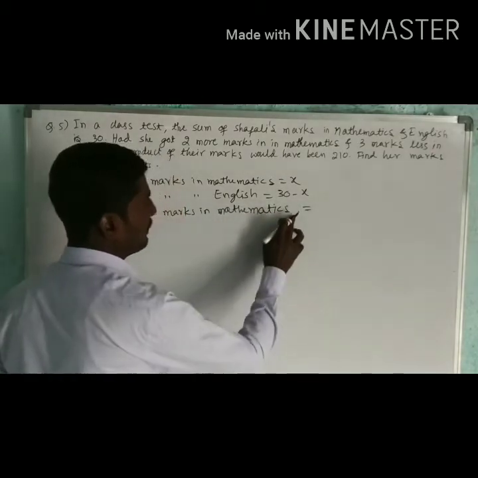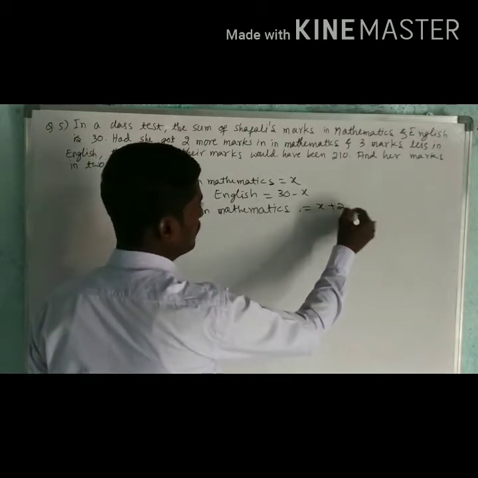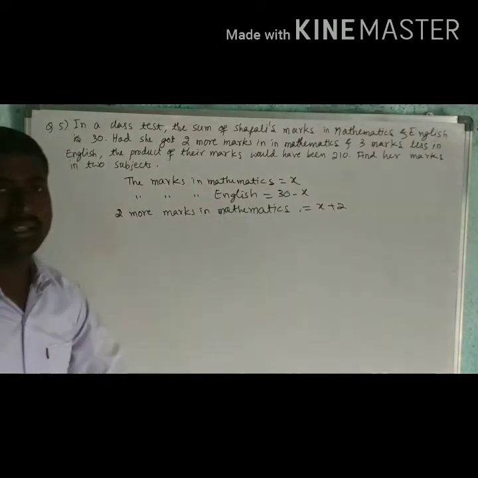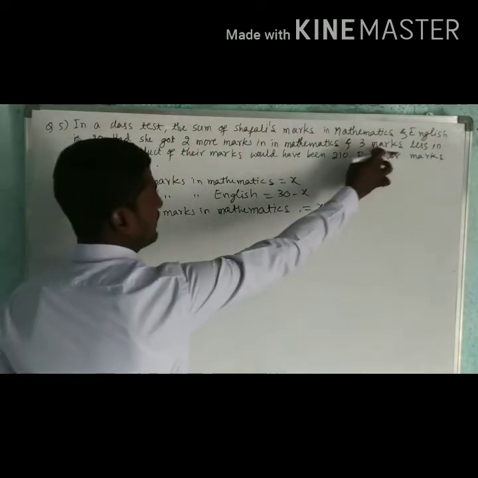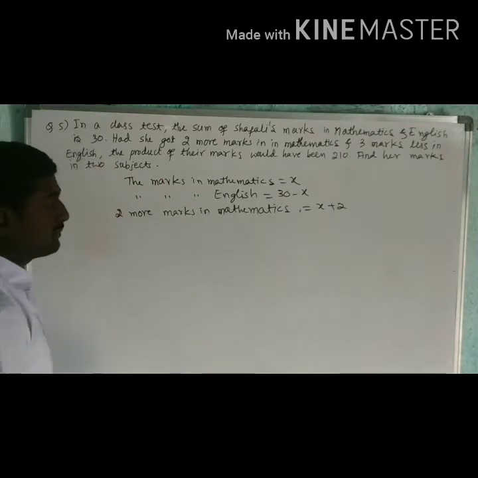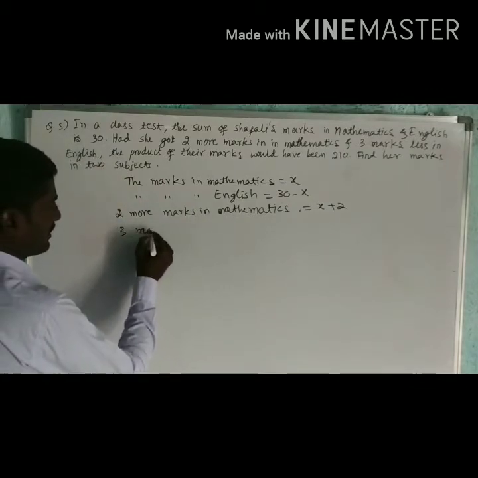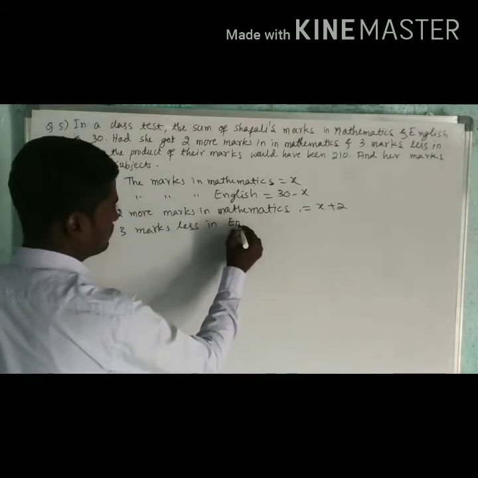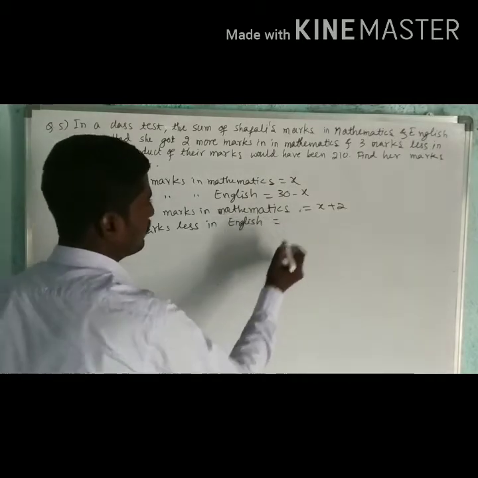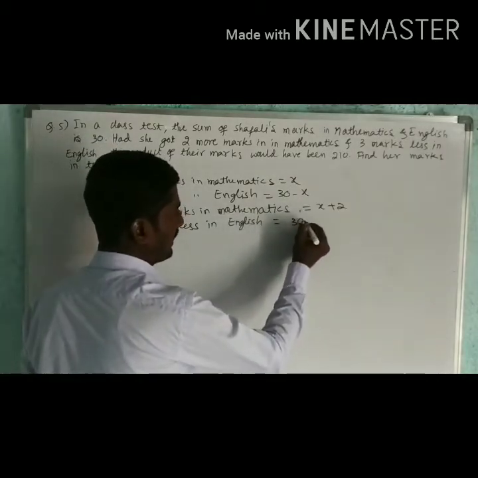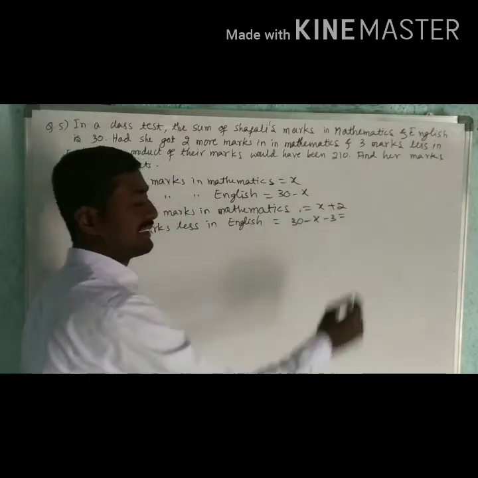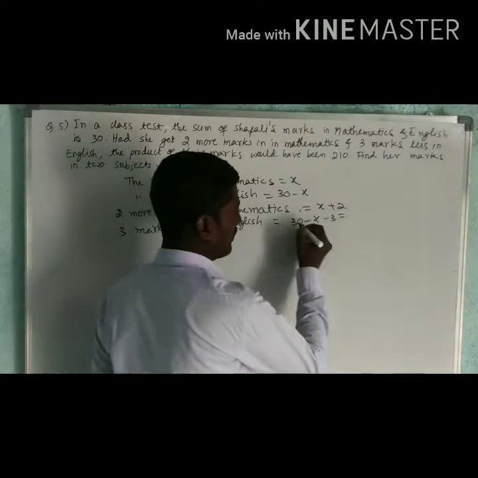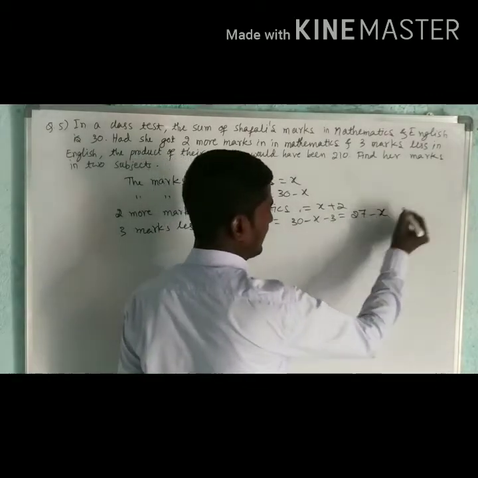Initially it was x, 2 marks added, so it will be x plus 2. Then 3 marks less in English. So that will be 30 minus x minus 3. So 3 marks reduced, it will be minus 3. So this will become 27 minus x.